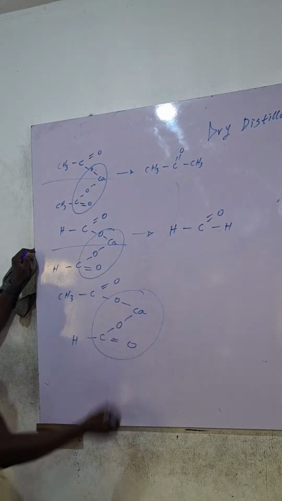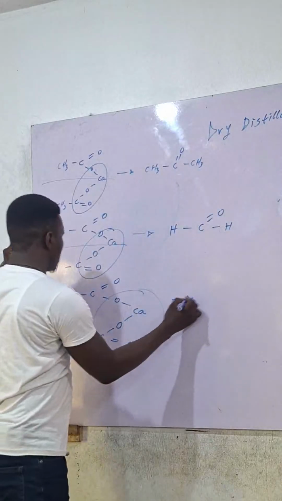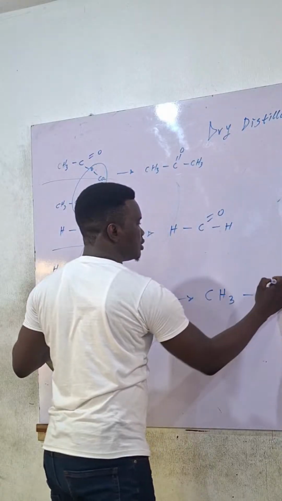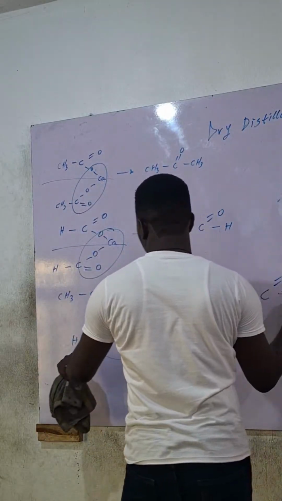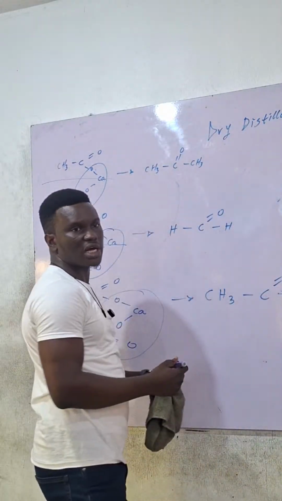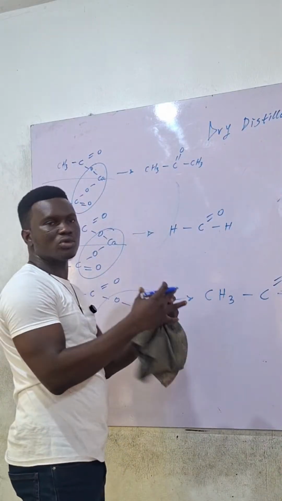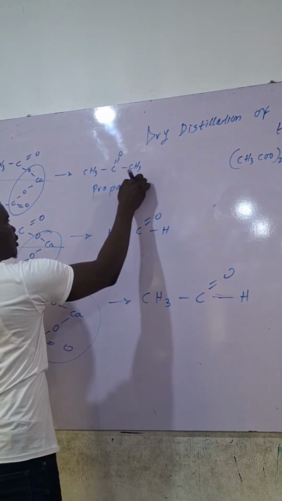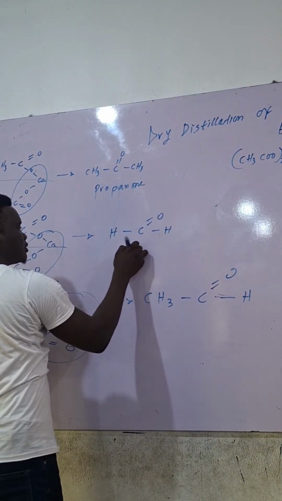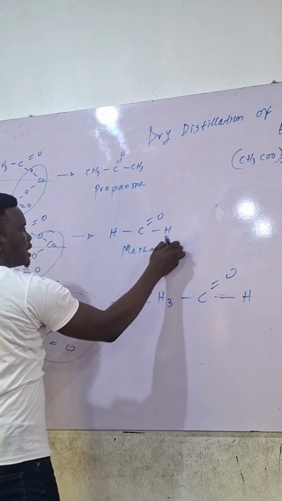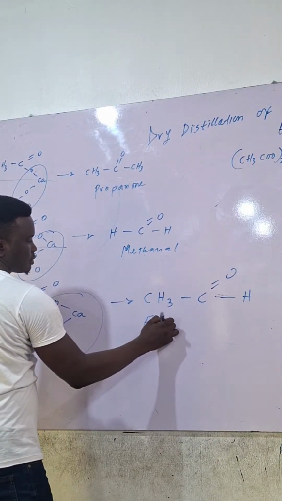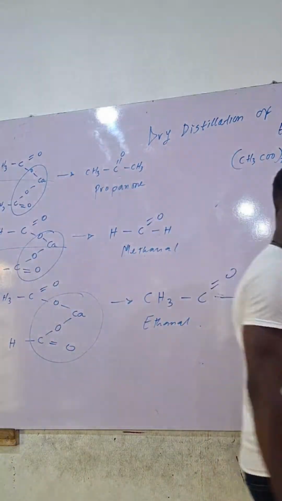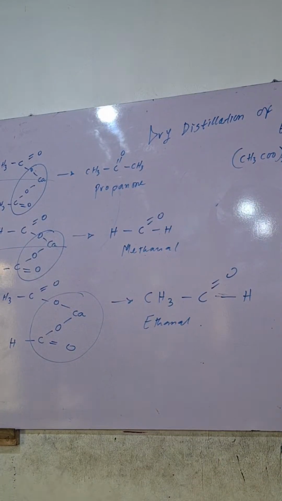Let's remove it. CaCO3. So this will give me CH3, C double bond O, then H. That's ethanal. So if you mix them together, you are going to get propanone, methanal, and ethanal. Those are your likely products when you mix them together.